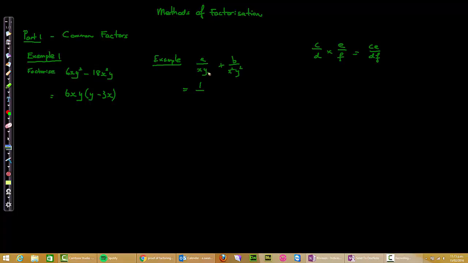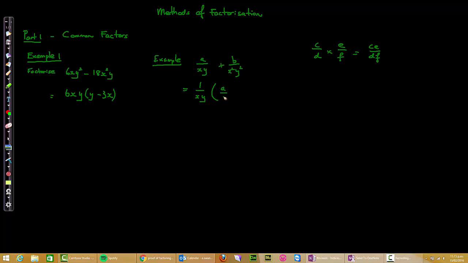Okay, what about xy and x squared y squared? Following a similar argument, x is a common factor of x and x squared, and y is a common factor of y and y squared, so I can take xy out the front. If I do that, what would go inside the bracket? Well, 1 over xy, what do I multiply that with to give this back?